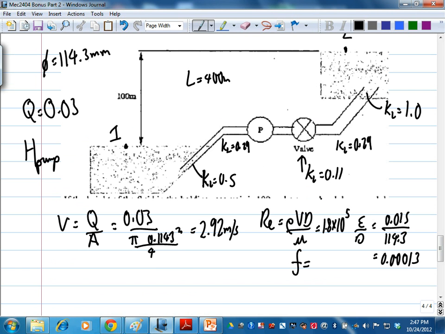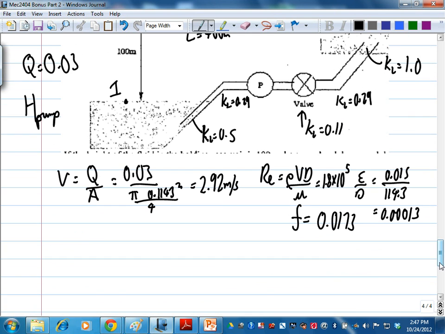F is 0.0173. That's fine. Apply energy equation from 1 to 2.